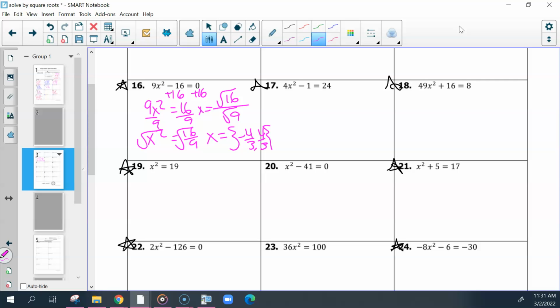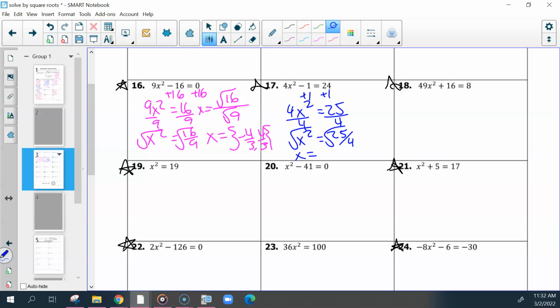For 17, it's a similar process. So add 1. Divide both sides by 4. Are these both perfect squares? Yes. 25 is, 4 is.